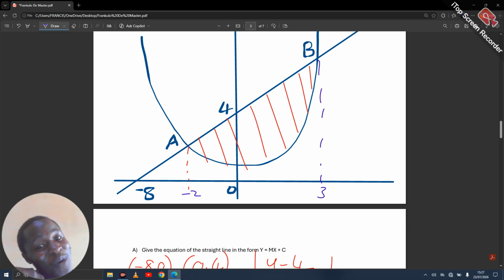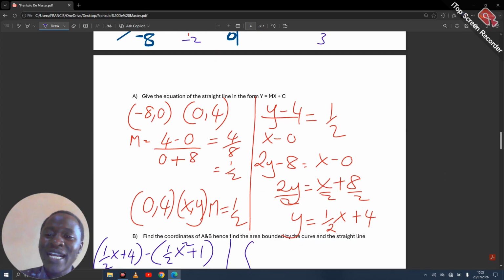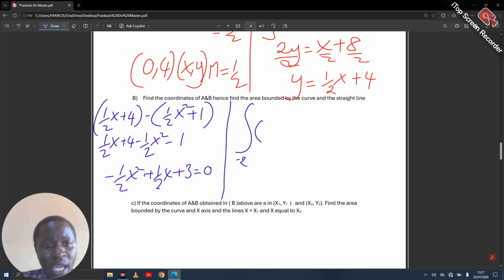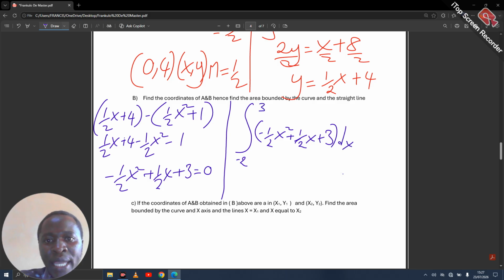So you are integrating from negative 2 to 3. Then what are we integrating? We are integrating the difference, which is minus x squared plus x plus 3 dx all the way to 3.